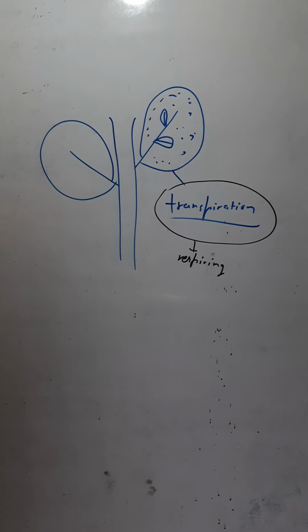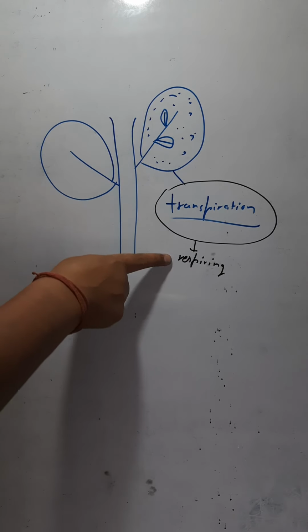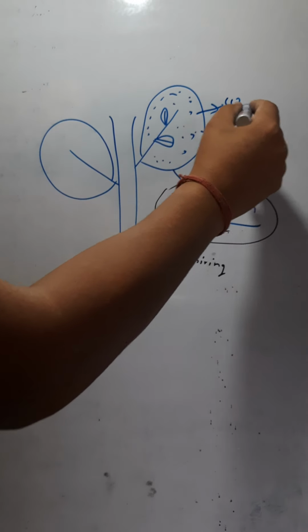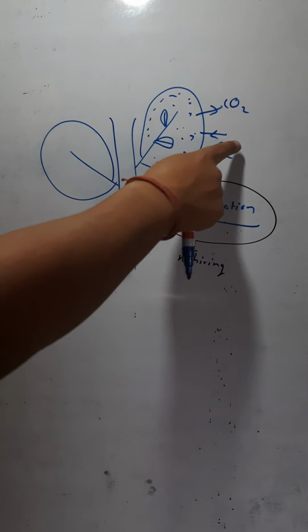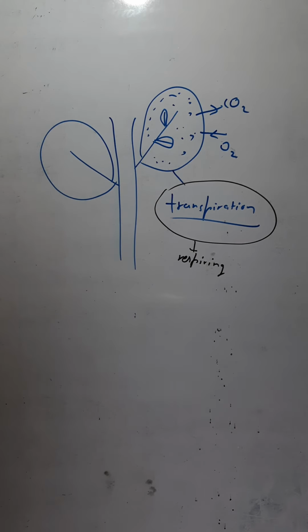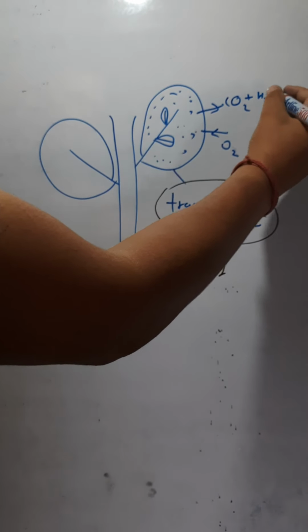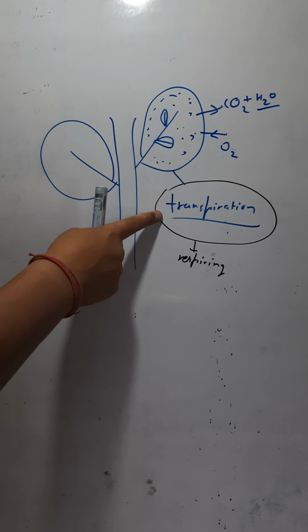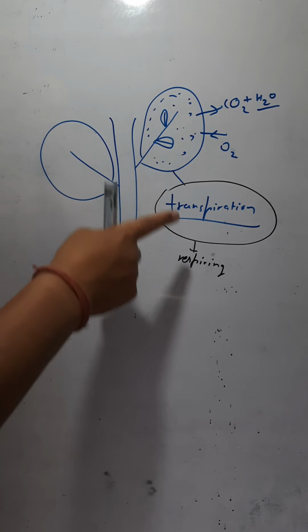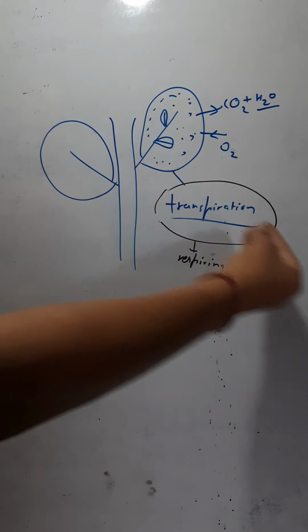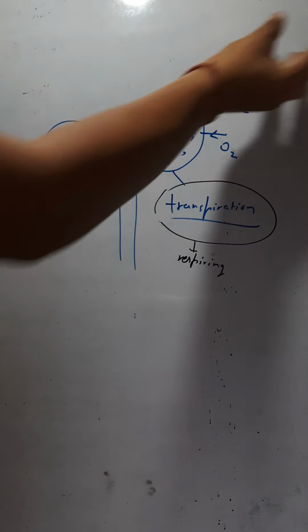I will tell you about that later, but right now, under the process of respiration, the plants take in oxygen, which is O2, and release carbon dioxide, that is CO2, along with water droplets, meaning H2O, into the atmosphere.